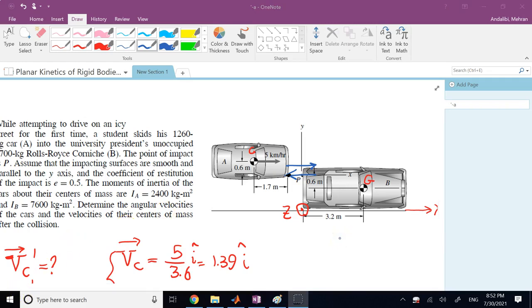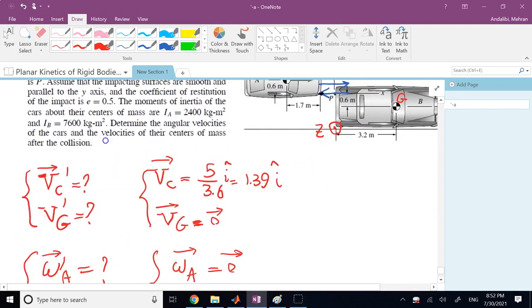When we talk about the conservation of momentum, since we are using one point to represent the whole rigid body, and to show one point where you can basically squeeze in all of the momentum, that point has to be the centroid.